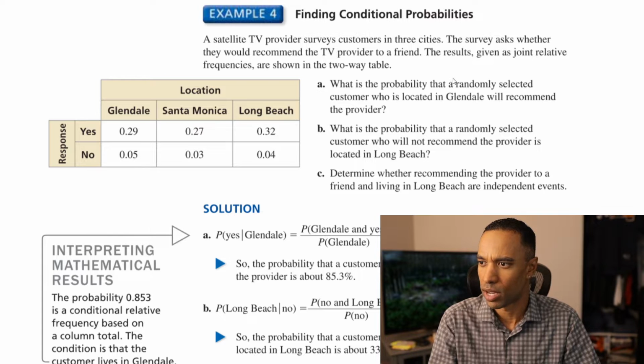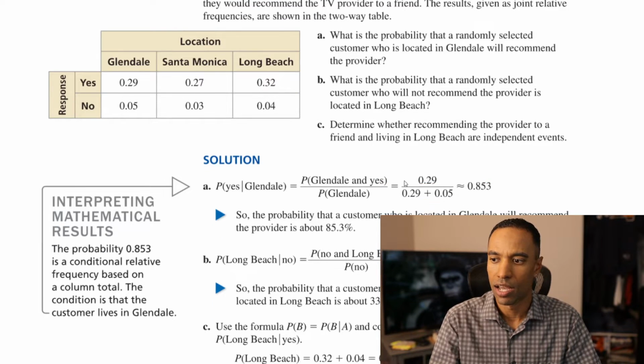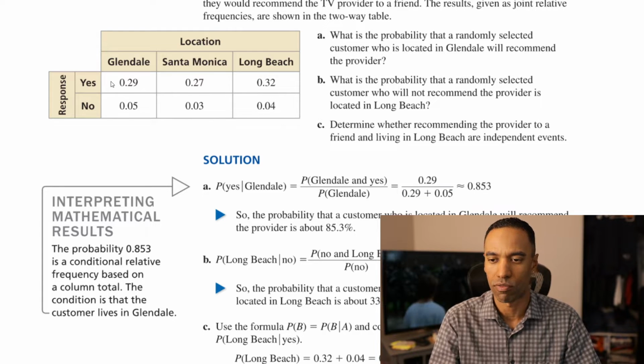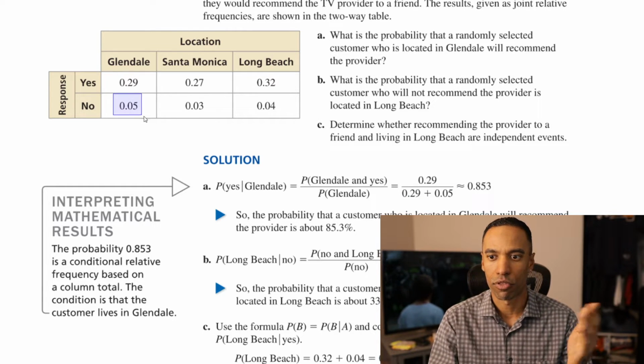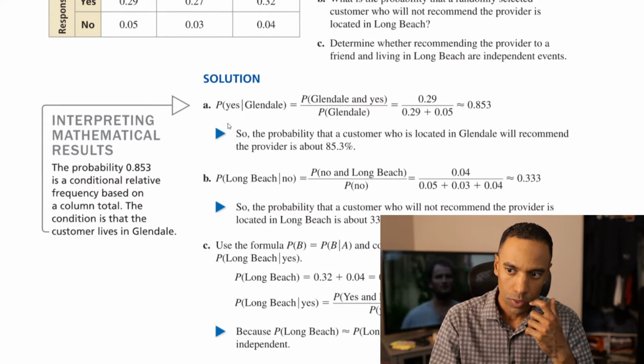I think that's what they asked, right? Randomly selected. Will recommend. So recommend yes. So we're going to divide 0.29 by 0.34, 0.34 being the sum of 0.29 plus 0.05. The 29% out of 34% that we're looking at. So 85.3%. I'll read their sentence.